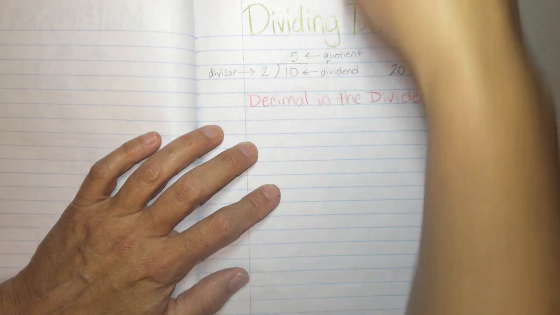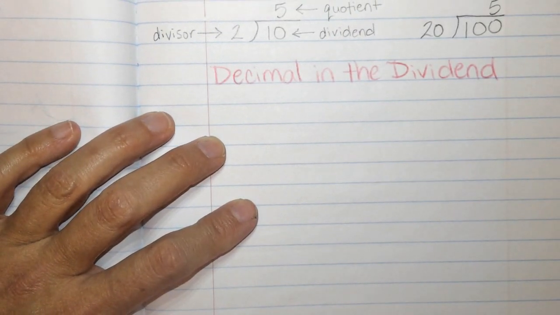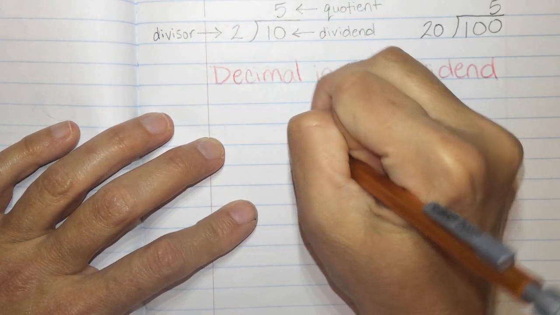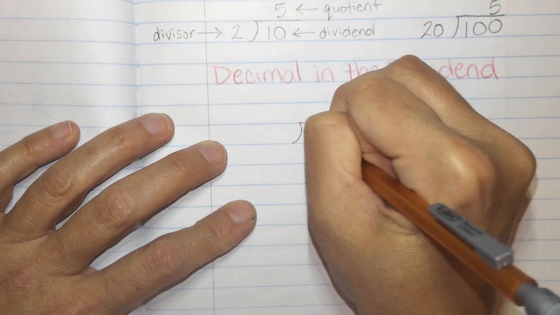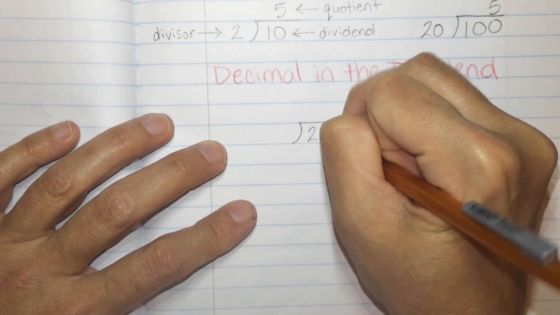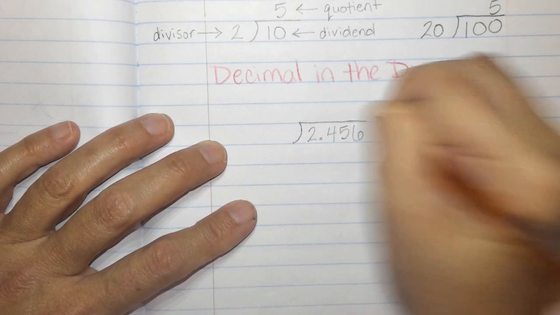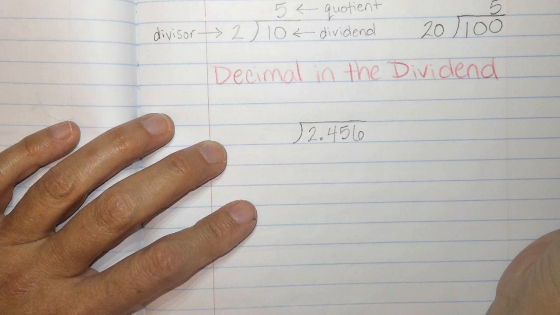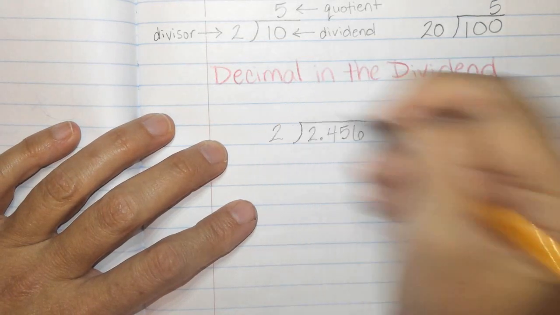Your example here would be 2 and 456 thousandths divided by 2.